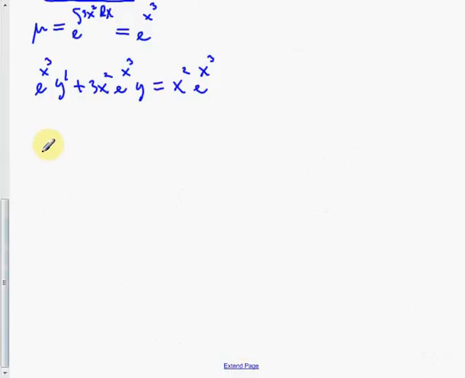So the left side is the derivative of the product of e to the x cubed times y, and then we have to work to integrate on that right side. All right, so we integrate both sides.